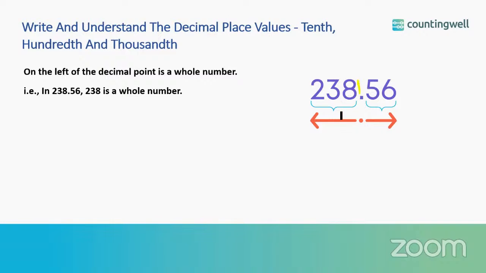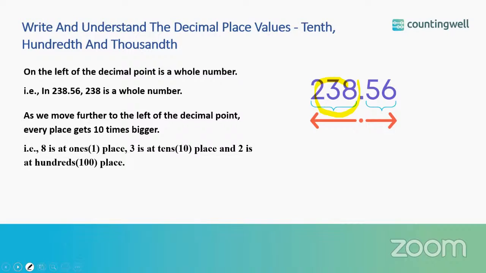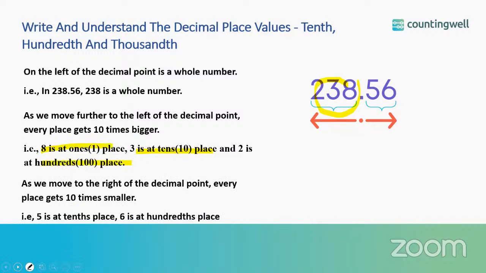On the left side we have 238, which is a whole number, whereas to the right side, we'll see what the numbers are. First, let us discuss the whole number. 8 is at the ones place, 3 in the tens place and 2 at the hundreds place. 5 is at the tenths place and 6 is at the hundredths place.